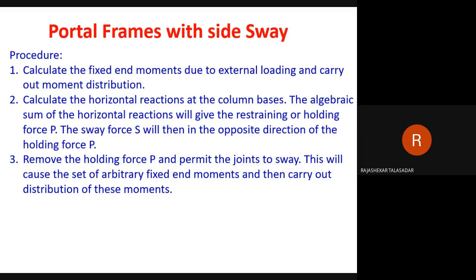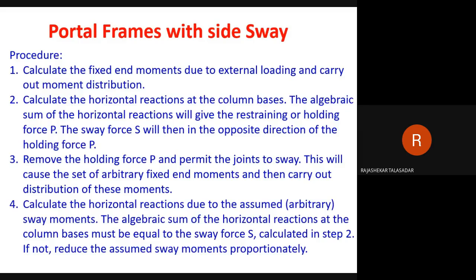And this will cause a set of arbitrary fixed end moments, and then carry out the distribution of these moments. So you have to assume some arbitrary fixed moments here. How to assume that, I will explain with a problem. Last one: calculate the horizontal reaction due to the assumed arbitrary moments.